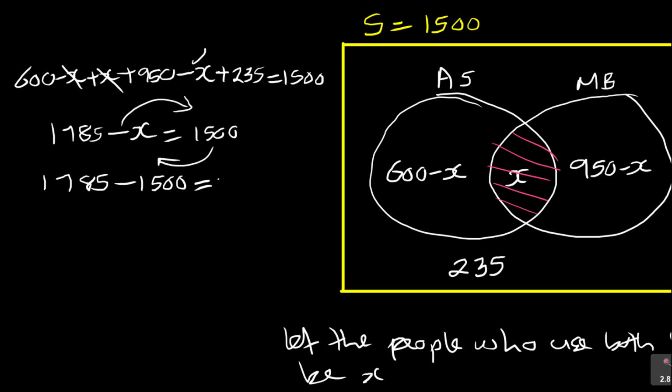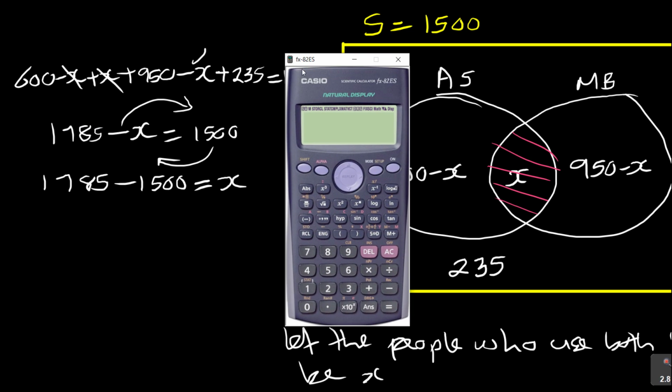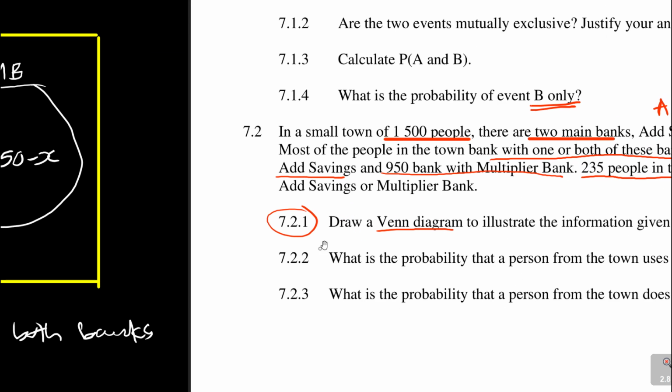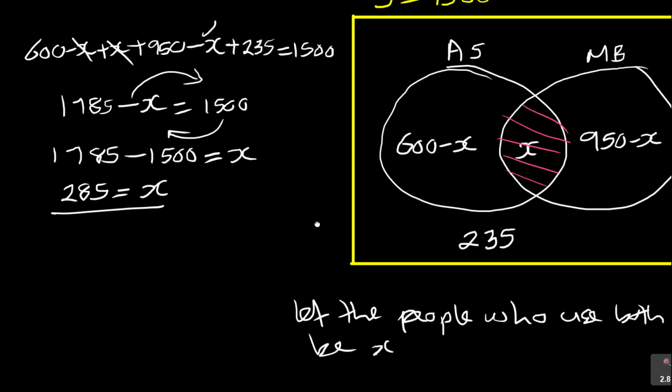The negative X becomes positive X. Now we find out what that is: 1785 minus 1500 is 285. 285 is equal to X. Remember, this is part of your working. The question was to draw a Venn diagram, so this is part of drawing the Venn diagram.